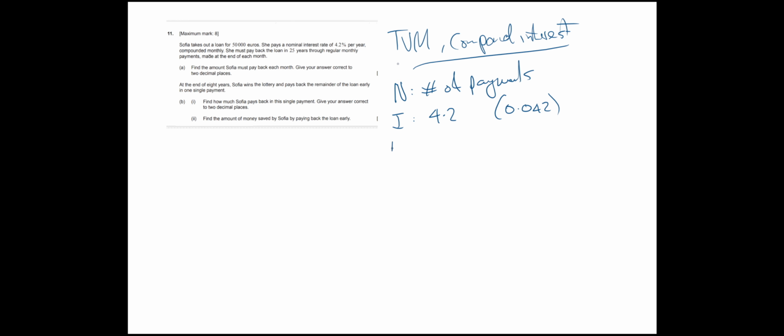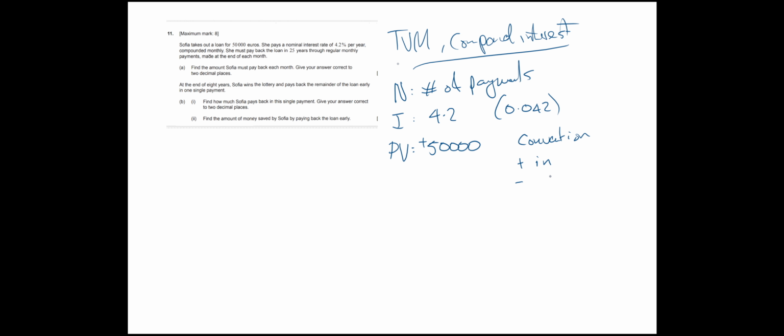The next thing we need is the present value, and the present value for this is going to be 50,000. Now, it's going to be a positive number because that's something that she gets. So the convention is if it comes into your pocket, it's plus.